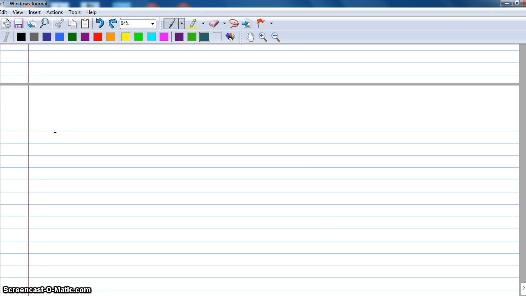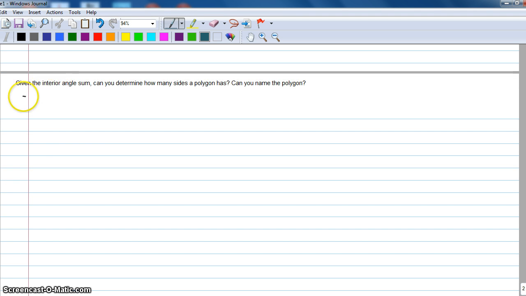Alright, and that's very easy. Plug in the formula, simple plug and play. Of course that's just too easy, so let's try questions that look like this, where now I'm going to give you the interior angle sum, and I'm going to ask you, can you tell me how many sides there are, and can you name the polygon? So let's try this example.